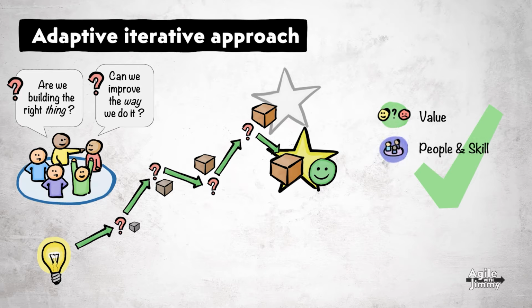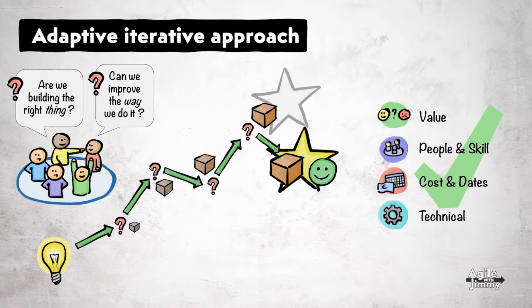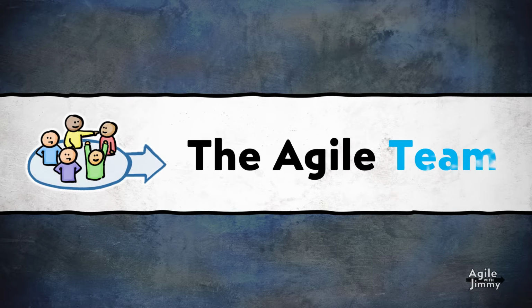They learn if they have the right mix of people and skills in the team to succeed. Their guesstimates on dates and effort to build improves in accuracy over time. And since each increment is delivered and deployed, at least to a test environment, we early on smoke out technical hazards and problems. And of course, at the center of it all, we have the Agile team.